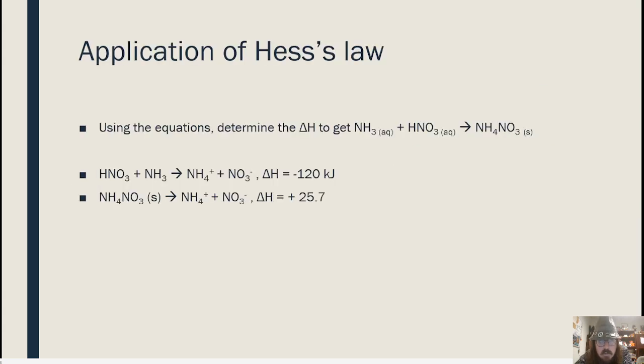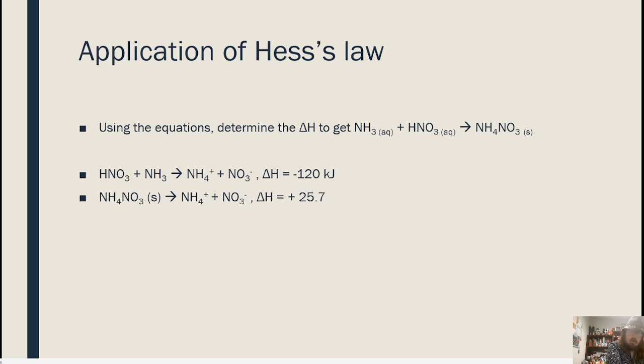Now this is a direct and more relevant and easier to do version of this. NH3, which is aqueous ammonia, and nitric acid, an aqueous acid, react to form ammonium nitrate, a solid. That's not very likely. It will react, but the likelihood of it solidifying and kicking out all the water is nada.